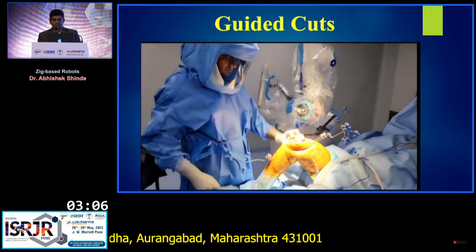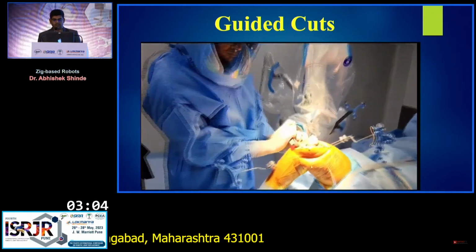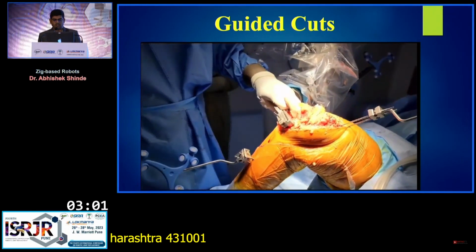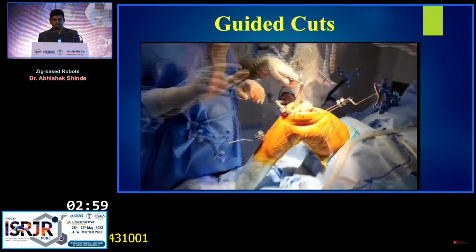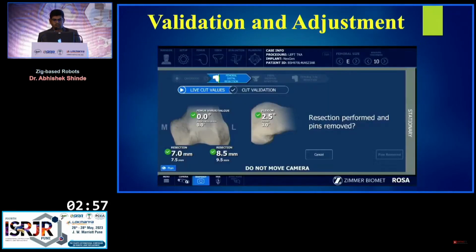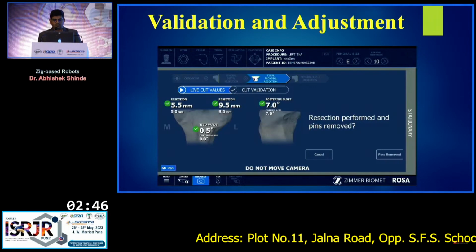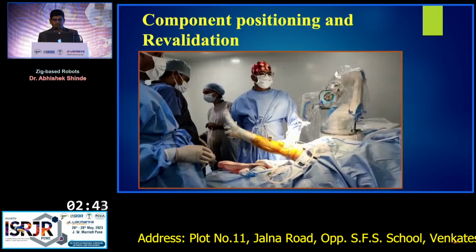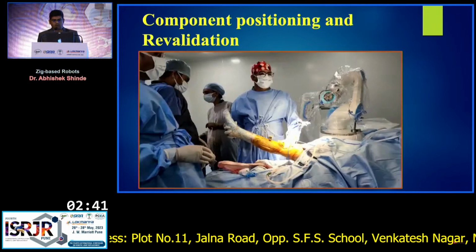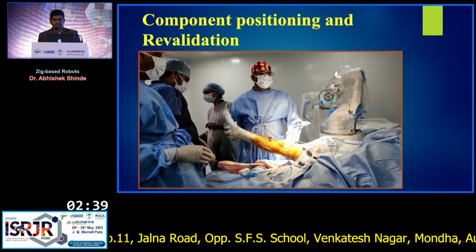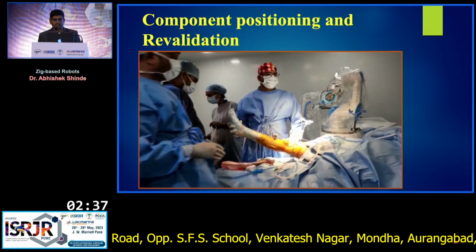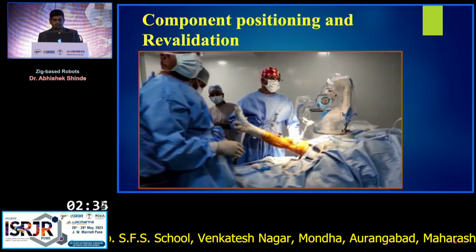Revalidation. Once you are happy with the distal femur, this is the proximal tibia. Once you have done the cut, you can validate it and adjust accordingly. If you are not happy, you can take a recut as well. Once all cuts are taken, you can put the component and again revalidate it.